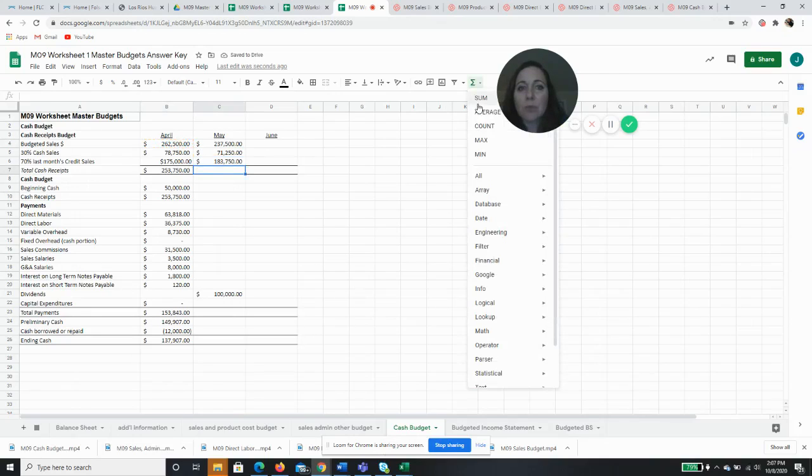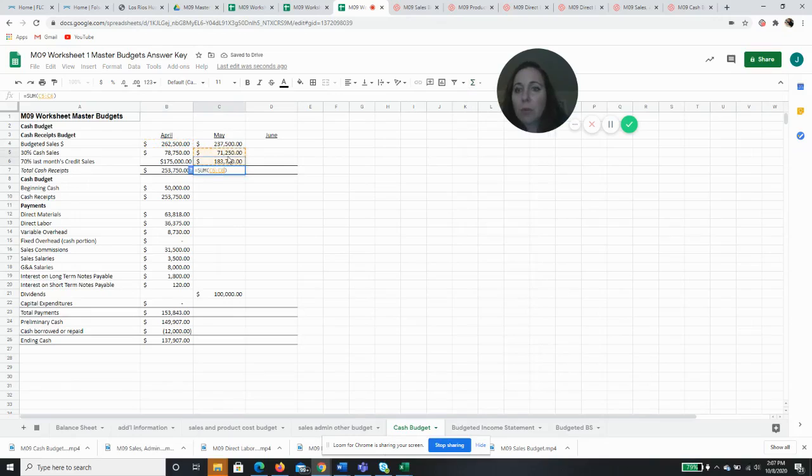Our total cash receipts for the month we expect will be $255,000. Our beginning cash for May is our ending cash from April.